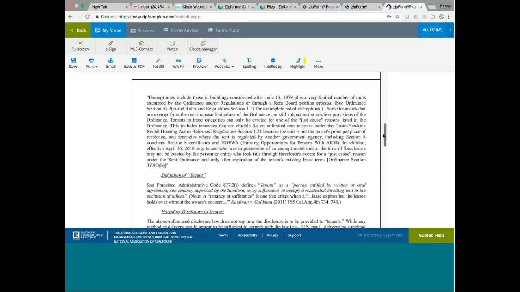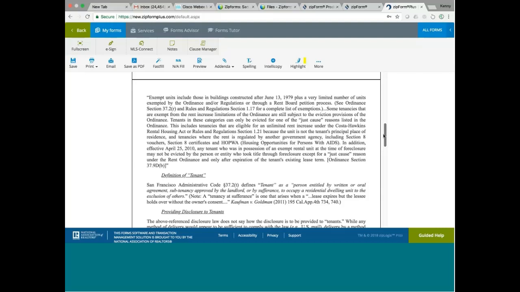So in the example that I just gave you, there are 4 tenants because all 4 are there with the permission of the landlord. So when they move out, when you want to move in, now say for example, I'm a seller. I allow 4 persons to live there, but only 2 people on the lease. The other 2 are probably husband and wife or domestic partners. We don't know what their relationship is, but they are not on the leases.